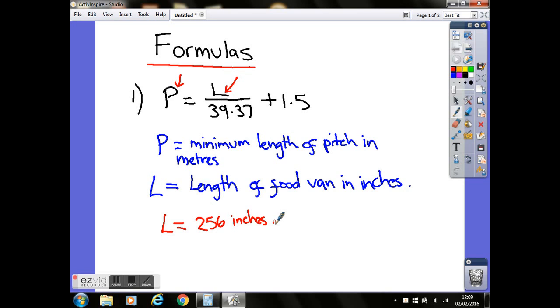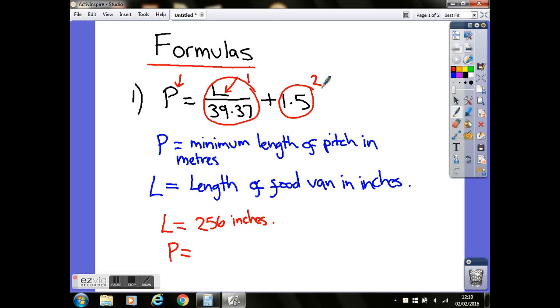All we need to do to work out the answer is follow that through in steps. You can use your calculator for this, as in all functional skills exams. I would do the division section first, and then add the 1.5 afterwards, because we don't want it to get too messy on our calculator by trying to do everything at once.